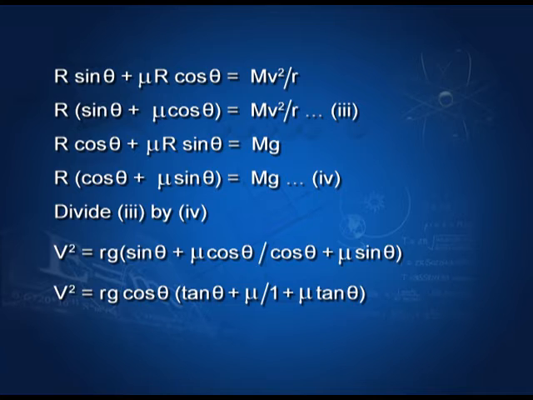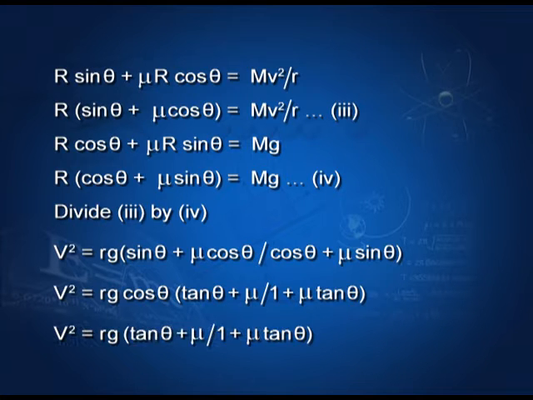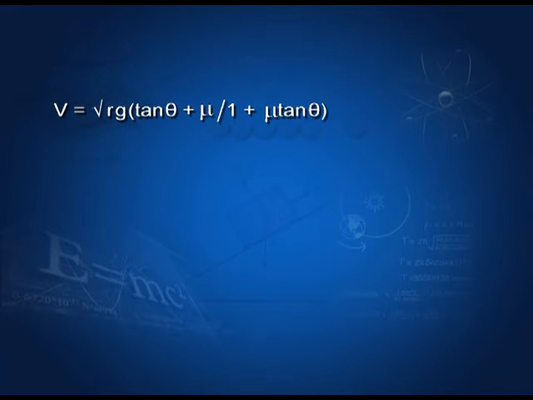Cos theta will cancel out from numerator and denominator. So, we get v square is equal to rg (tan theta plus mu) divided by (1 plus mu tan theta). So, the velocity v is equal to under the root rg (tan theta plus mu) divided by (1 plus mu tan theta).